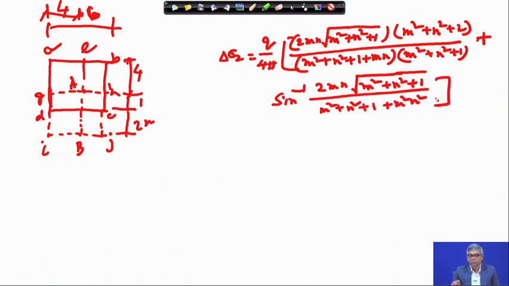So, this is the equation to be used, and this calculation can be done in a tabular form.